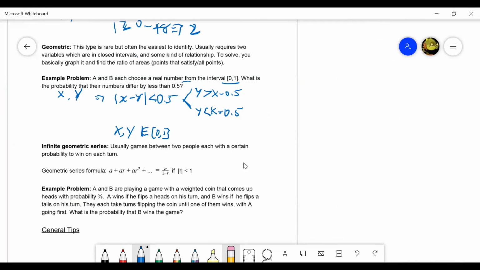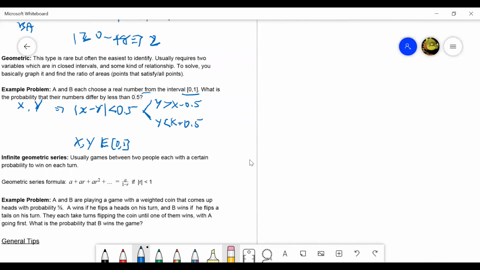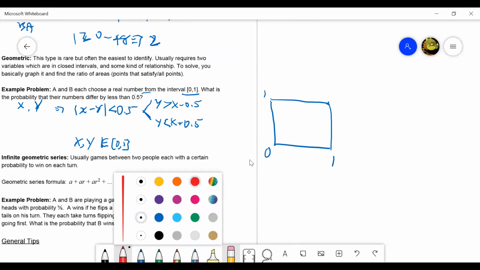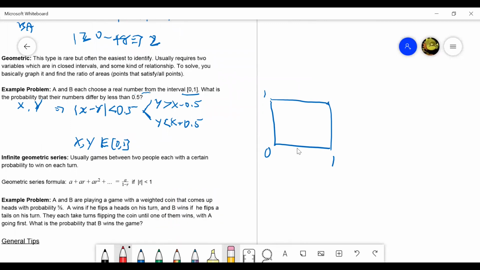When we have the interval 0, 1, just think of it as a unit square. So 0, 1, 1, and like that. And this one is 1, 1. And the two lines that we have, when we graph them: y is greater than x minus 0.5, that's here. And the other one, y is less than x plus 0.5, that's here.